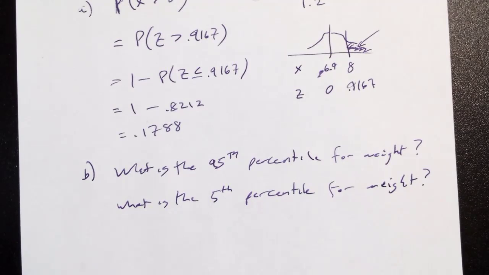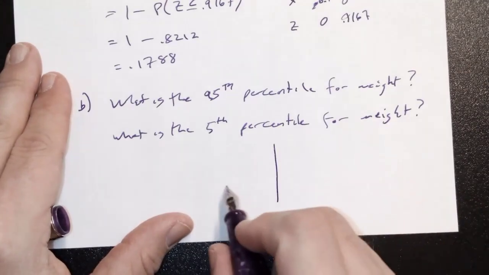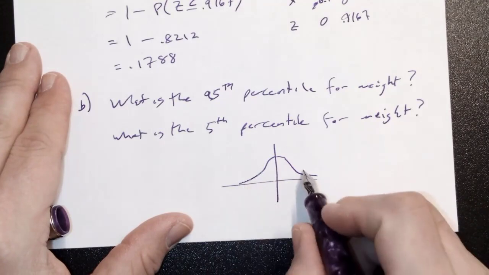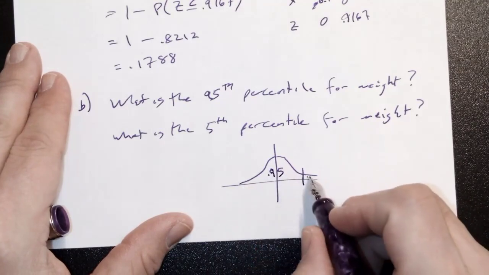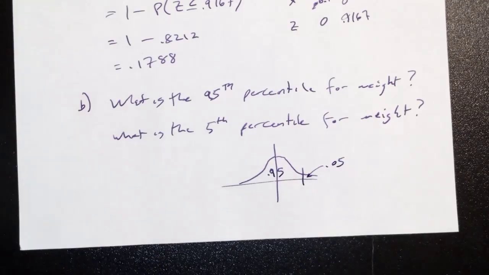Now, fortunately for me, I've already done this calculation. To get the 95th percentile, I'm looking at a picture that looks like this. And if you look back in your notes just a little bit, we already drew that picture, didn't we?